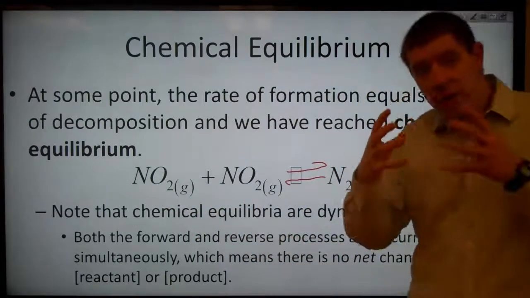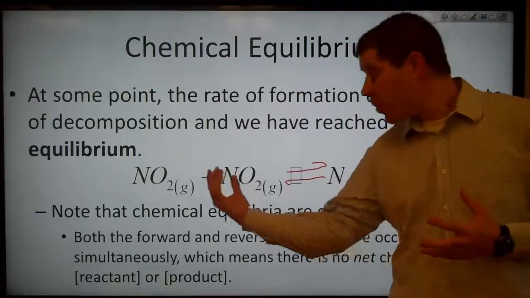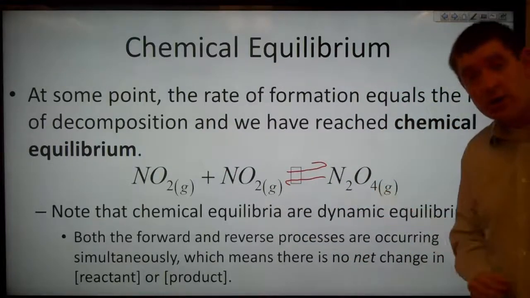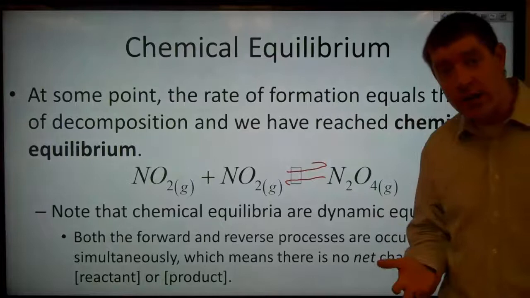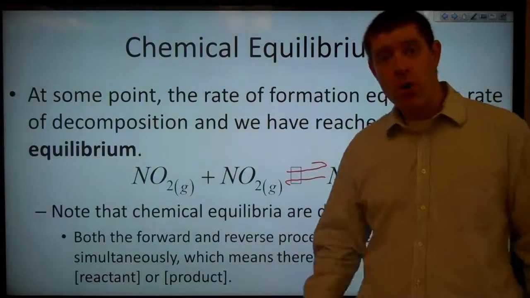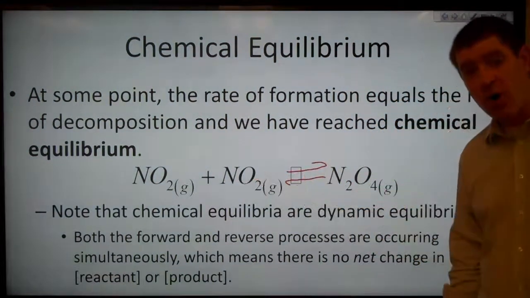And so if you look at the molecular scale, both reactions are happening. The forward reaction of creating the dinitrogen tetroxide is still occurring. It's just that the backward reaction is balancing it out. So over time, we have no net change in concentration of reactants and products.